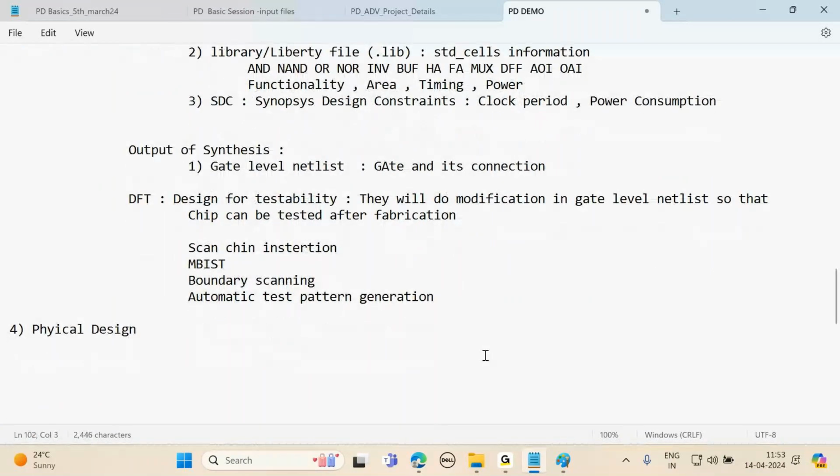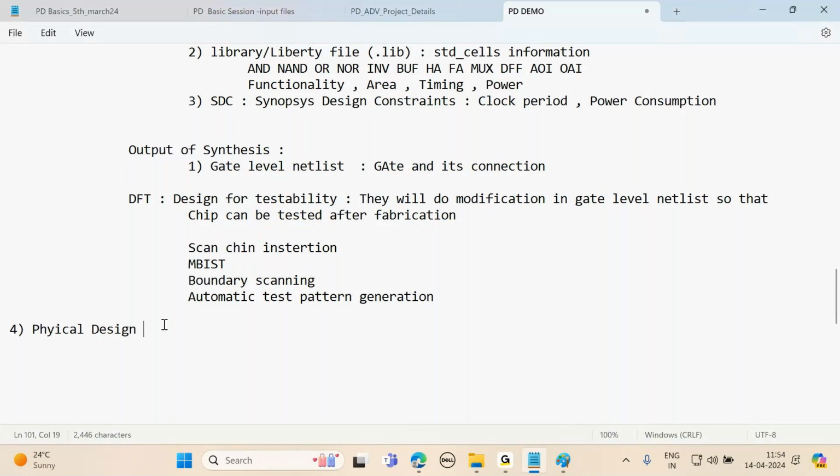So now I have one small question here. So this is the role of a physical design team.